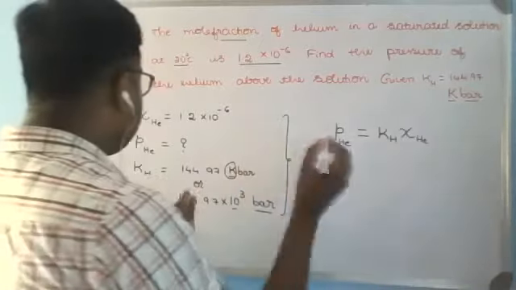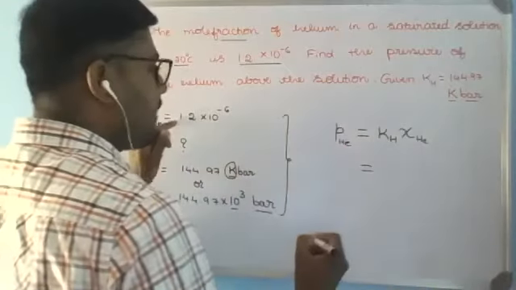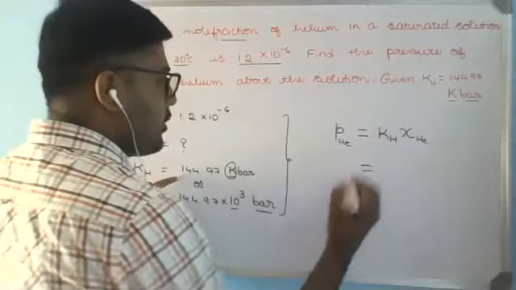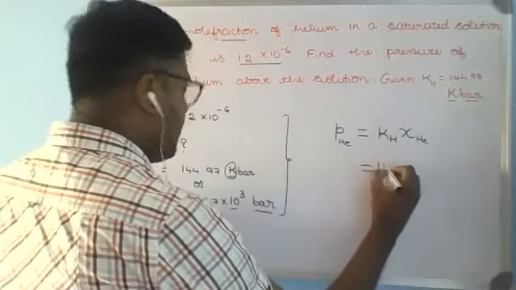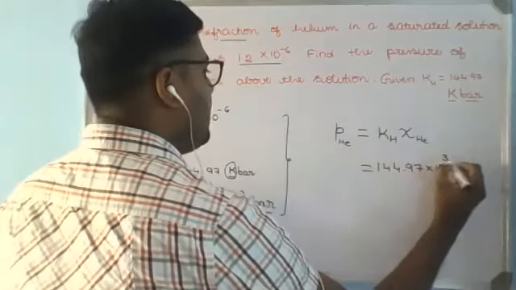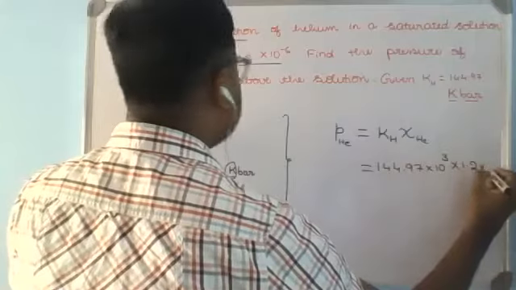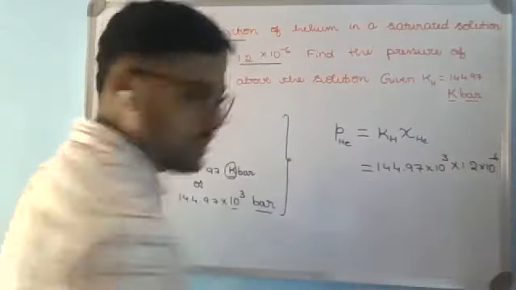Now, with the information, we need to find the partial pressure only. They have given the mole fraction and the Henry's law constant. The KH value is 144.97 into 10 to the power of 3. The mole fraction of the helium is 1.2 into 10 to the power of minus 6.